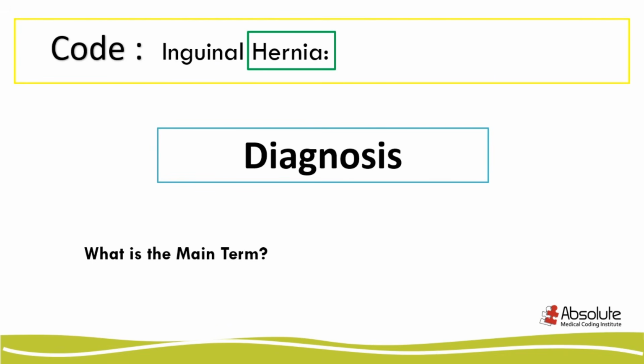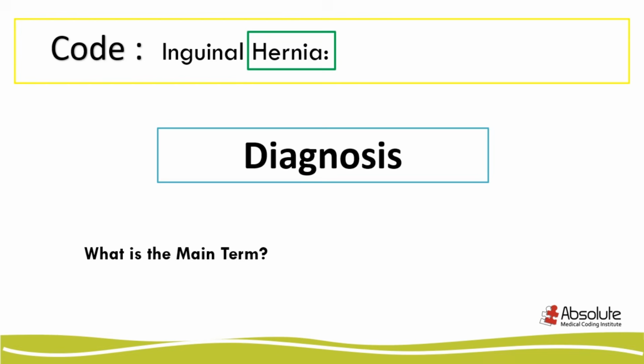No. All right, and also inguinal is your body area. That's where the hernia is. And if it's not the main term, it is the subterm. Yes, so if nothing else, that is the main point for this little demonstration that we're doing right now.